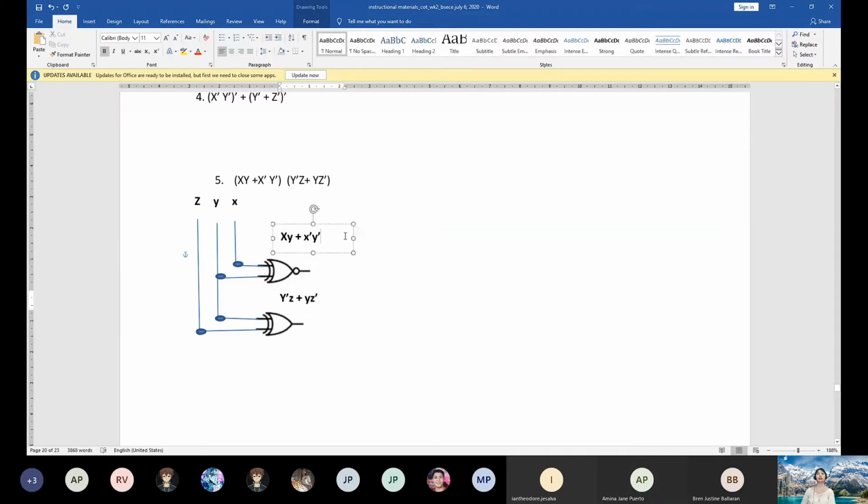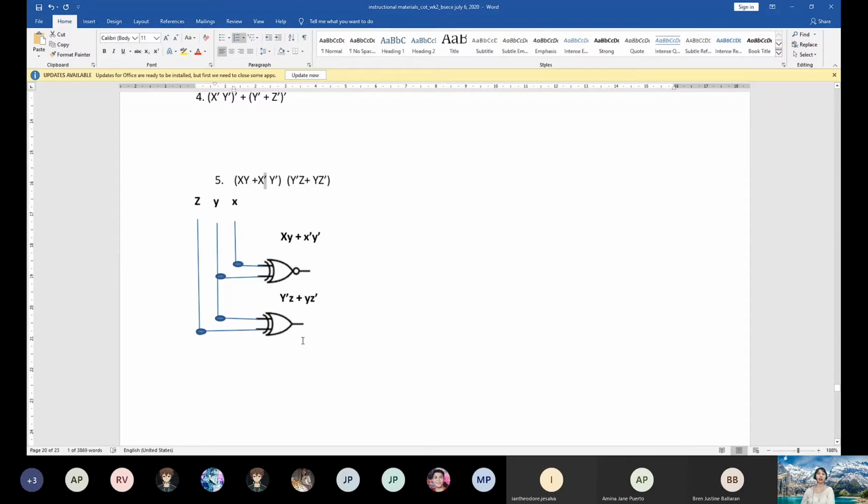If you use AND gate, OR gate, and inverter, it's still fine, it's still correct. But this one's easier, right? We now have term 1 and term 2 using just 2 gates, so we're using just 7486 and 7408.